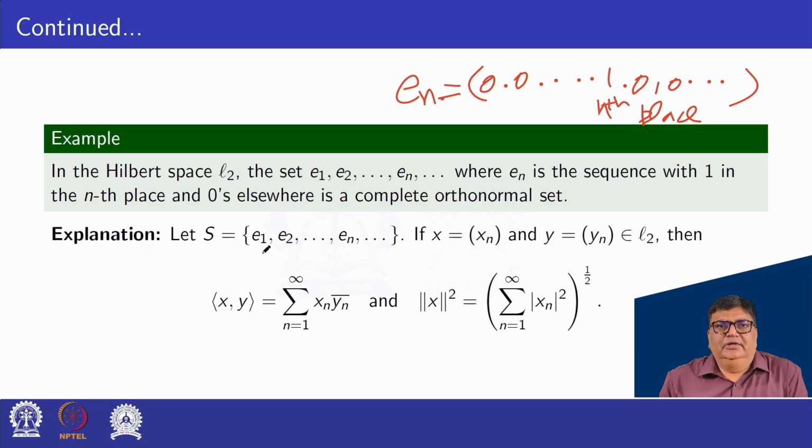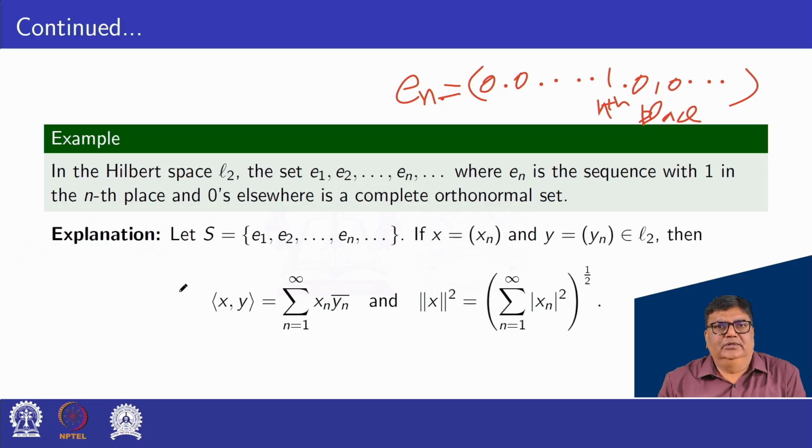So, explanation. If x is equal to (xn) and y is equal to (yn) in L2, then inner product of x and y is equal to summation n equal to 1 to infinity xn yn bar, and norm x is equal to the square root of the summation n equal to 1 to infinity mod xn square.